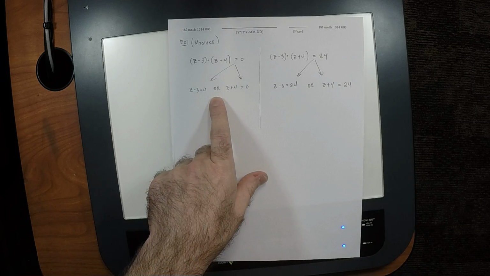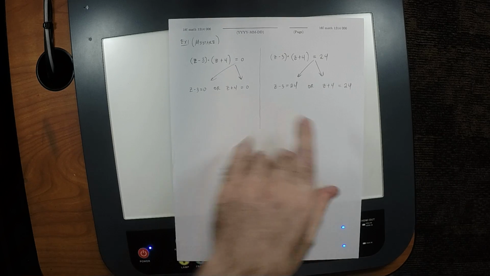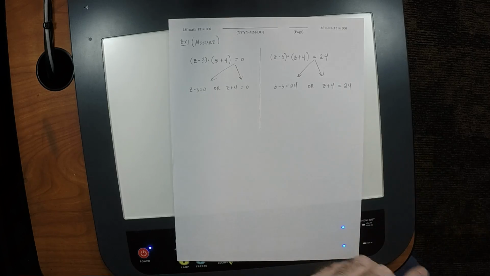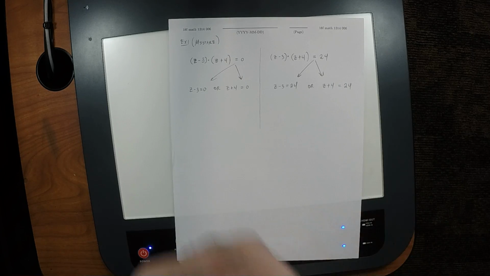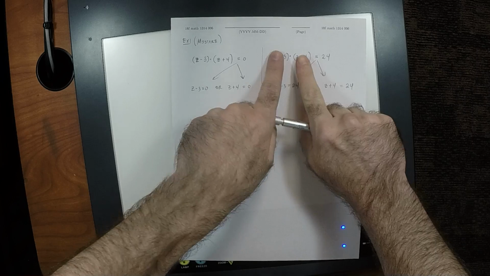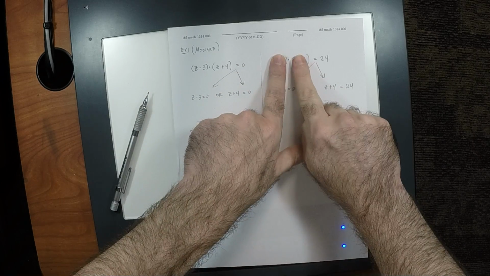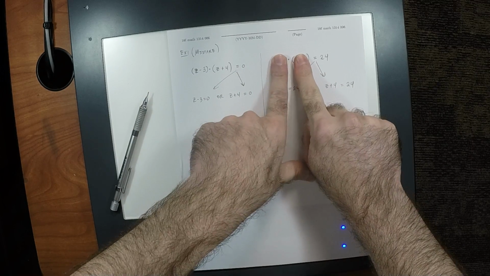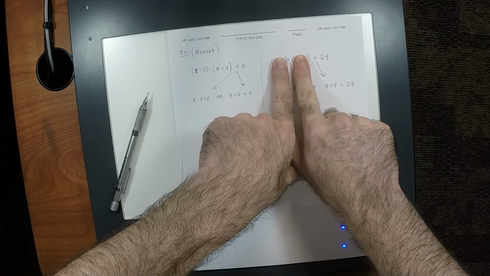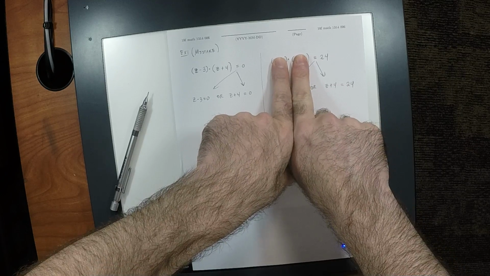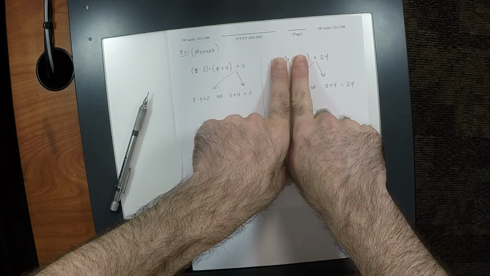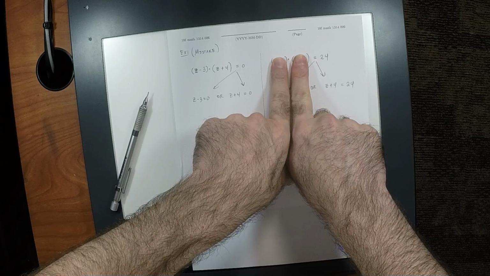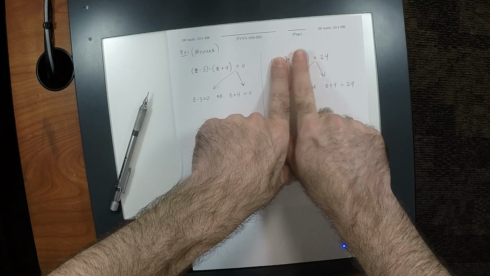The one on the left is correct. The one on the right is just simply not correct at all. So let's consider. What we're saying is we have two things whose product is 24. So it really could be the case that one of them is 24. And in that case, what would the other one be? Well, it'd have to be 1, right?